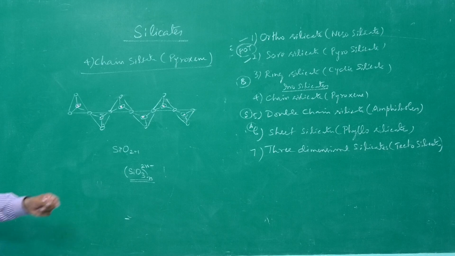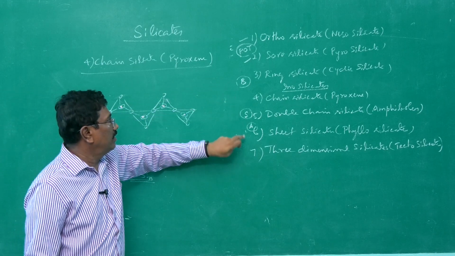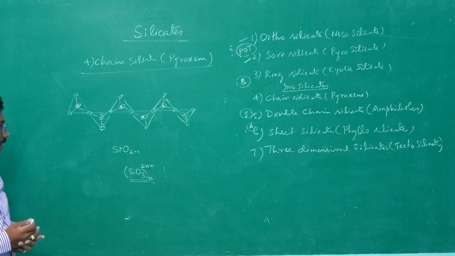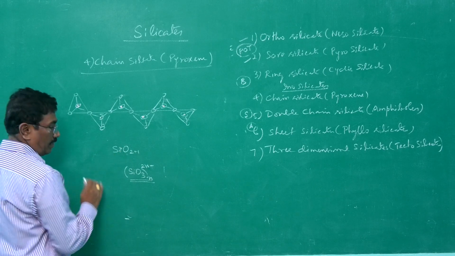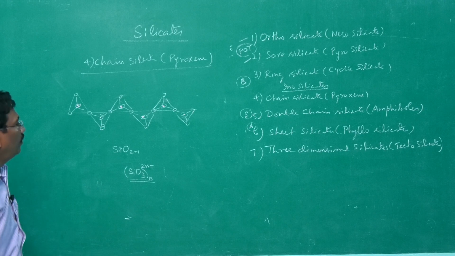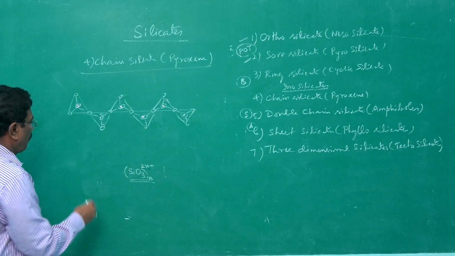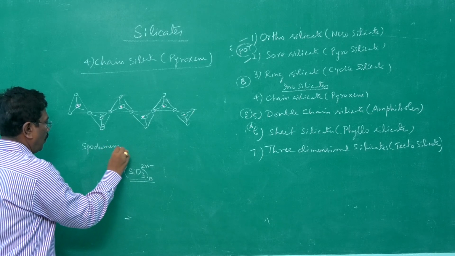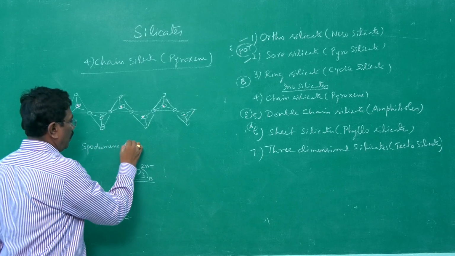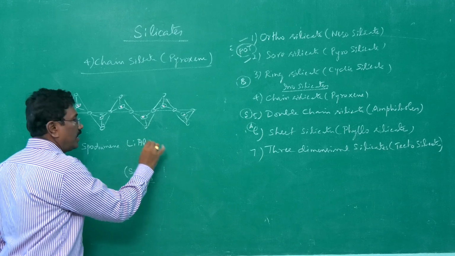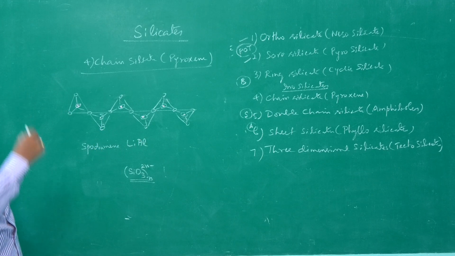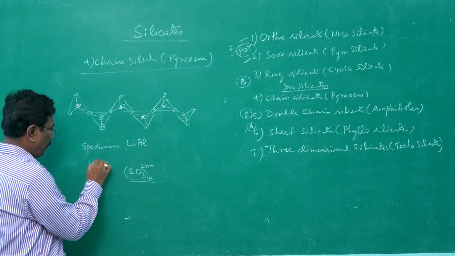And the example, S is for spodumene. It is made of lithium and aluminum. Lithium, what is the charge on lithium? It belongs to the alkali metals, therefore plus 1.